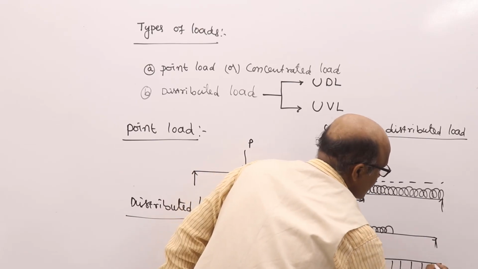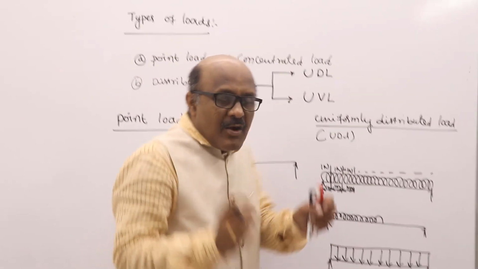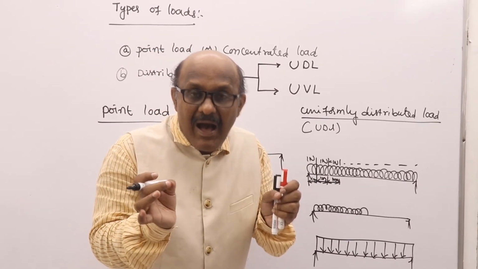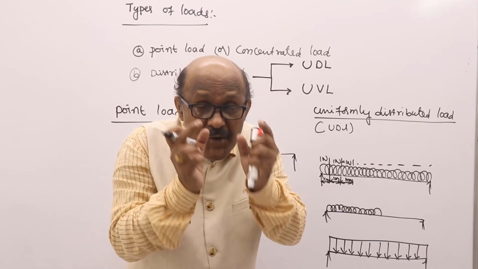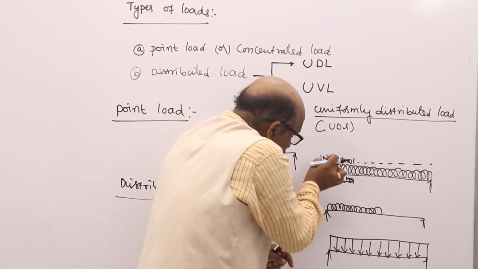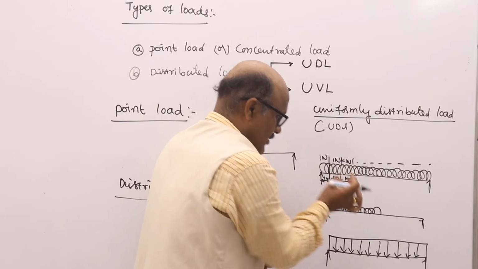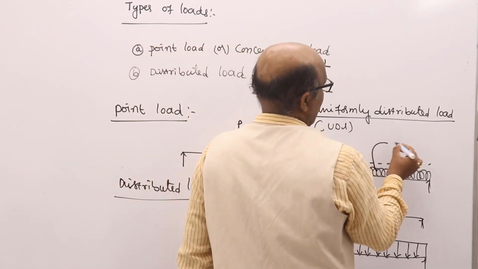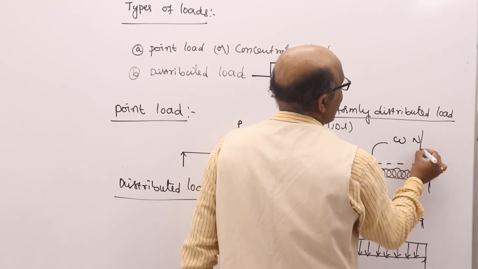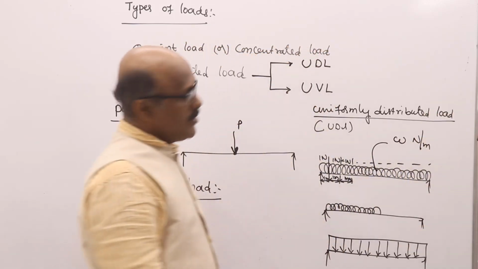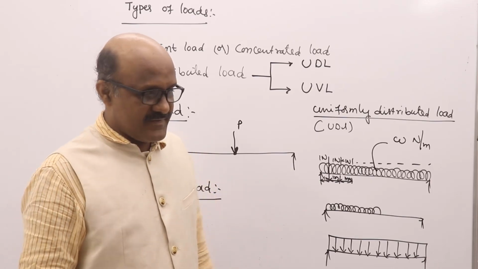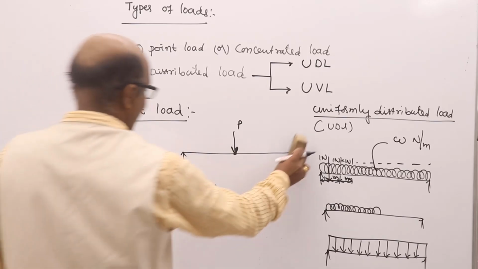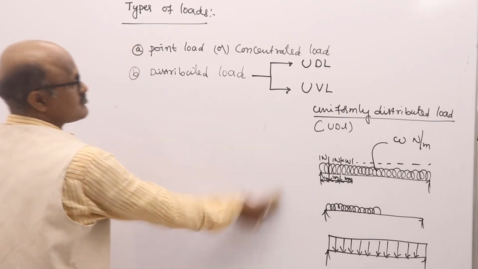The load is distributed over the entire length or part of the length, but the distribution is uniform: for 1 meter, 1 Newton. Now it is represented by W Newton per meter, my dear students.